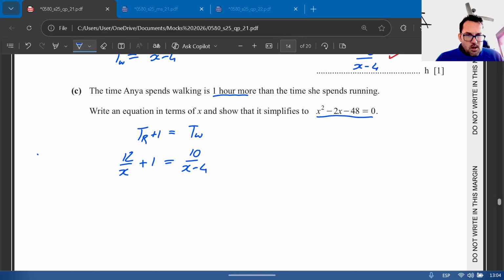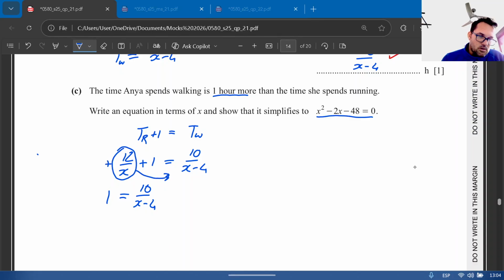If we multiply by X minus 4, we have to multiply it with everything here, which we can do, but we cannot just multiply the X there because the 1 is not being divided by X. Because the 1 annoys me, I'm just going to leave it there on the left hand side, and I'm going to leave the 10 over X minus 4 on the right hand side. And I'm going to take all of this and move it to the other side.